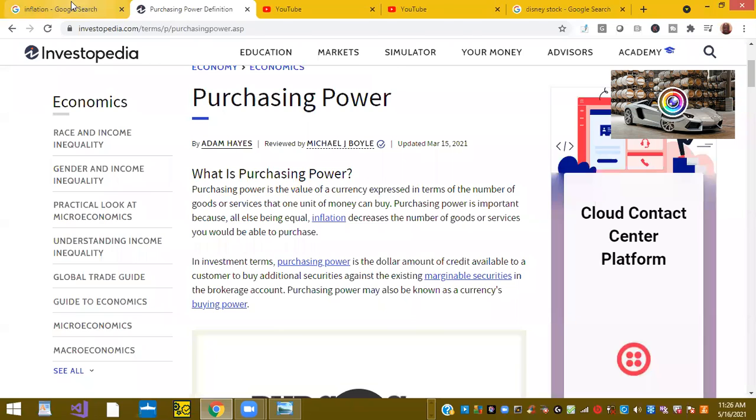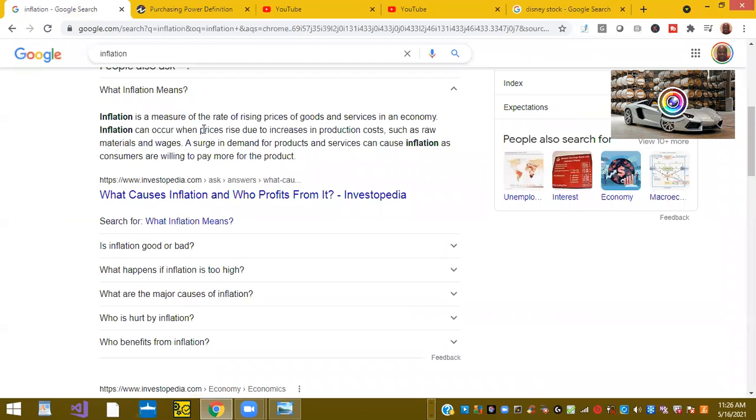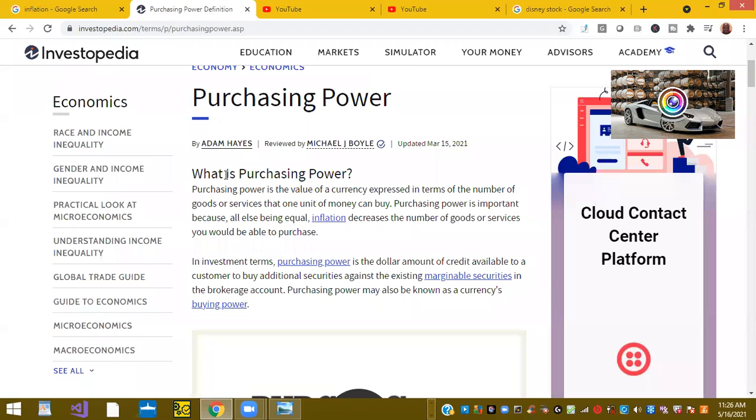And I've gone over what inflation means and the rising price of goods and services, and then what it means to your purchasing power. So again, it's the same thing as 20 years ago, a gallon of gas was $1.05. And here it is in 2020.